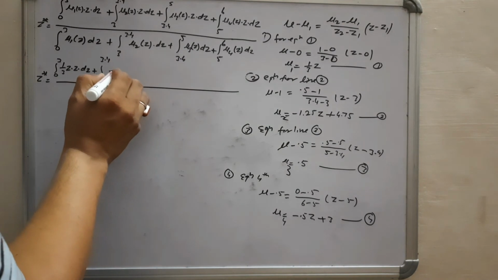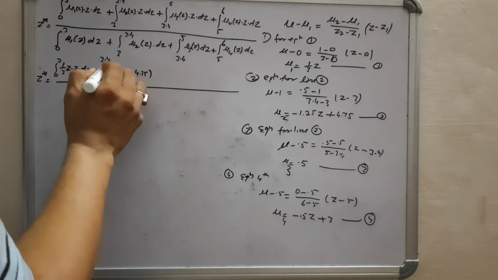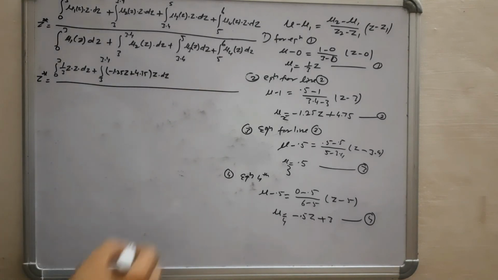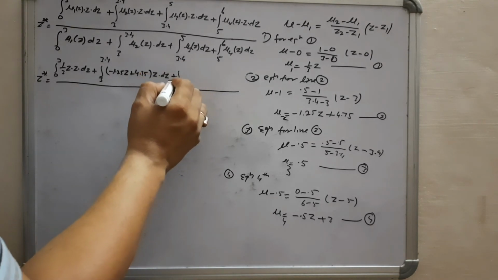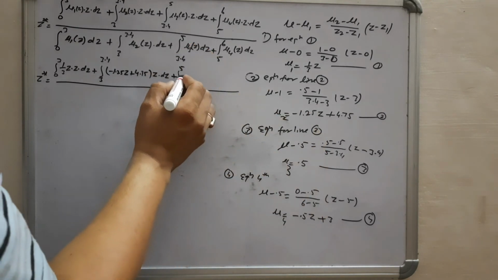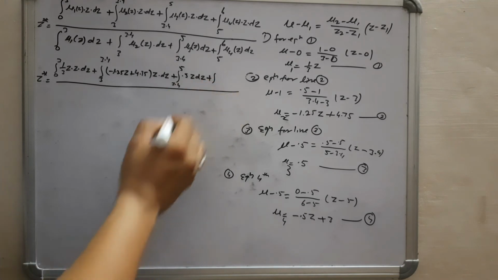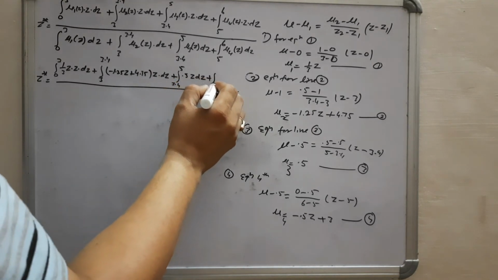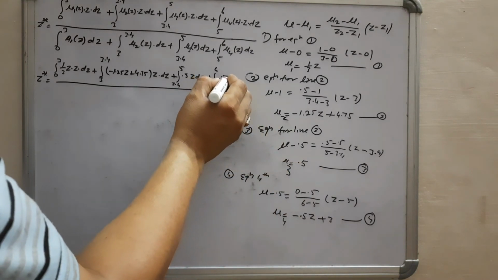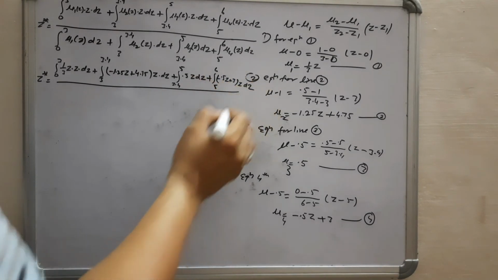Minus 1.25 z plus 4.75 multiplied by z into dz. Then it's 3.4 to 5, it's 0.5 only. So 0.5 z dz plus 5 to 6, the equation is minus 0.5 z plus 3 into z into dz.